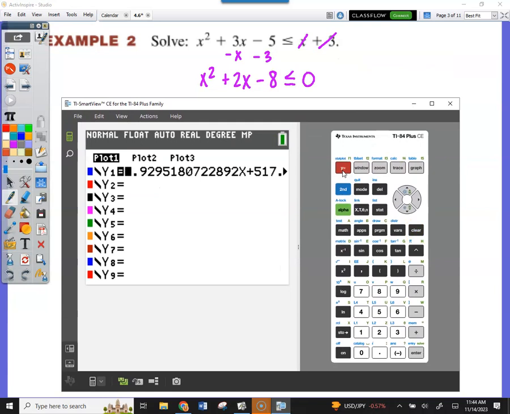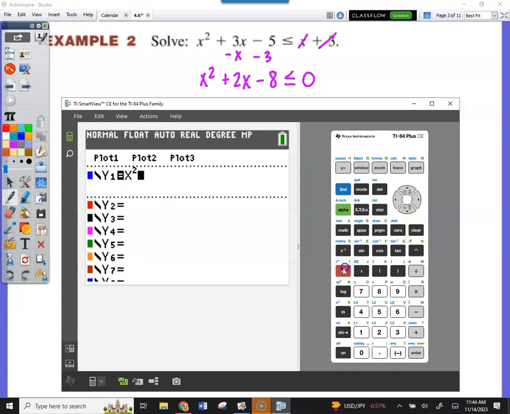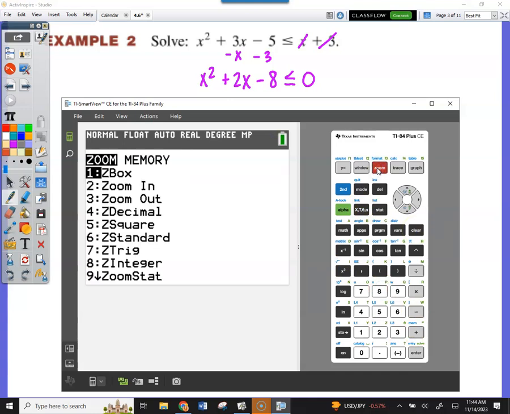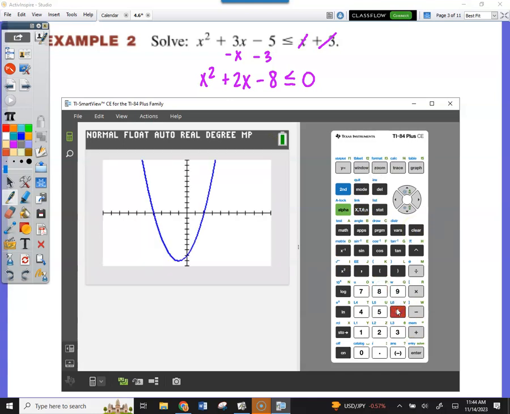So okay, if your plot is on, go up there and turn it off. So we've got x squared plus 2x minus 8. And I'm just going to do zoom 6. So, where is the graph less than or equal to?